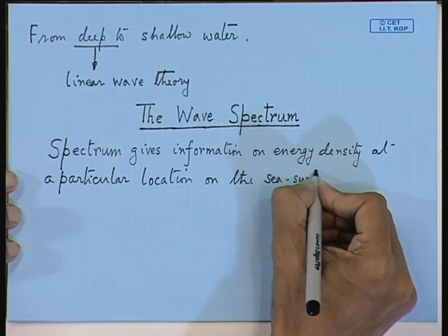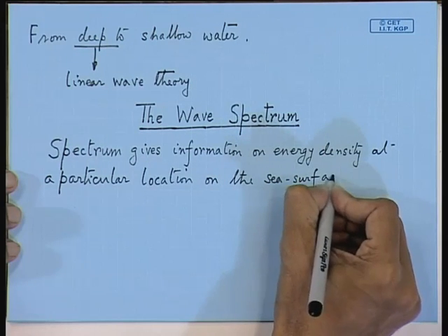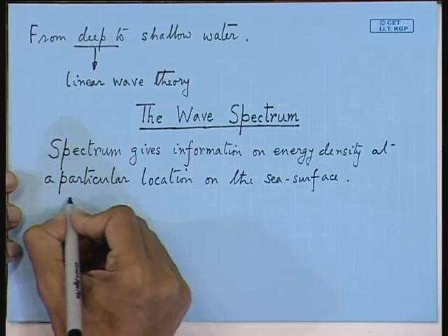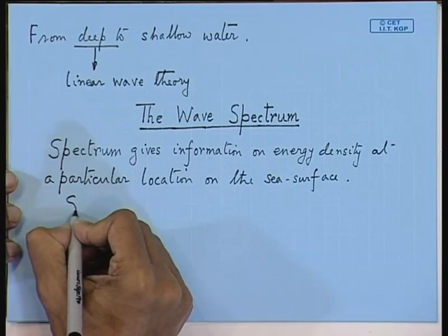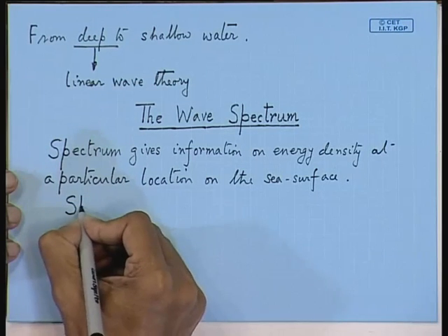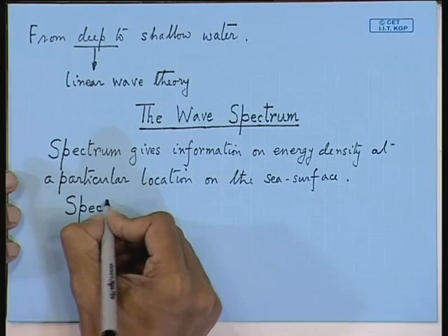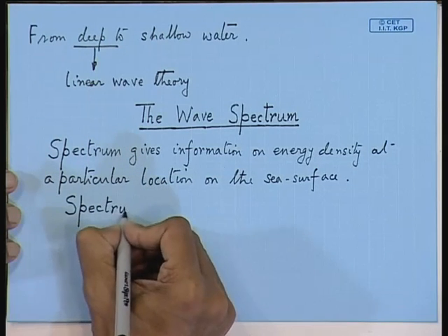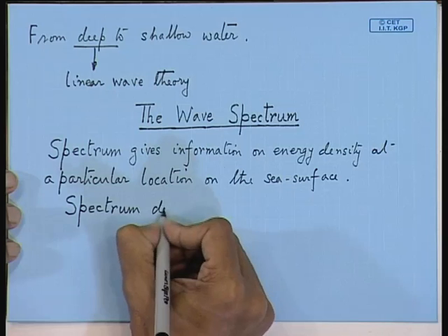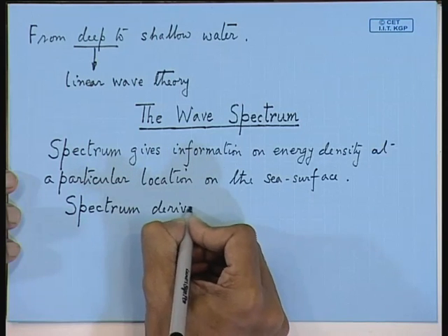Now, how have you derived the spectrum? Spectrum is always derived from what are called wave records.